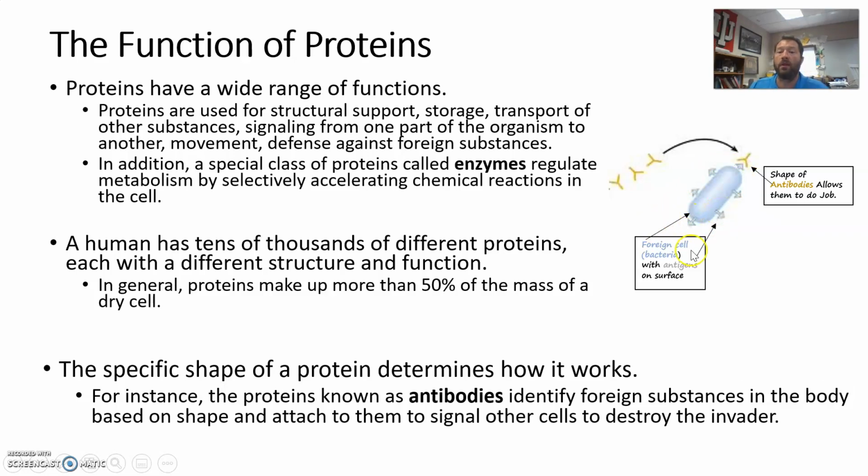And the way that your body recognizes them in order to destroy them, hey, this isn't a human cell, it's a bad cell, it's a bacteria cell, is those antibodies are built to fit the exact shape, the triangle. And now your body can recognize, hey, this is a foreign invader. Let's go kill it. Let's go save the body. So that's an example of why shape is so important. Antibodies, and for that matter antigens, are both proteins. So shape is very important to the function of a protein.